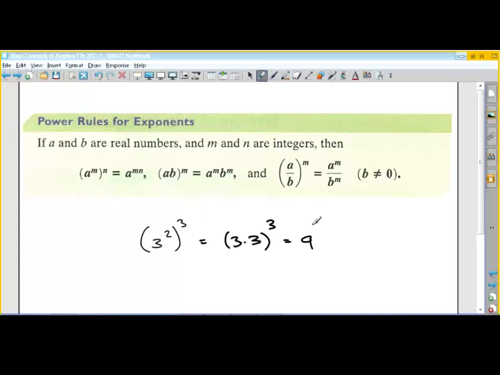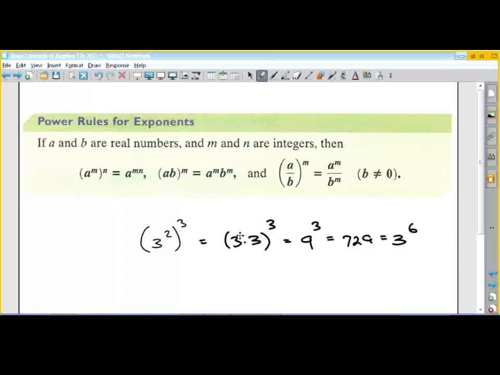So if I multiply this out, I'd get 9 to the 3rd power. And if I take 9 to the 3rd power, I get 729. But you would find out that that is also 3 raised to the 6th power. If I take 3 to the 6th power, I'll get 729.